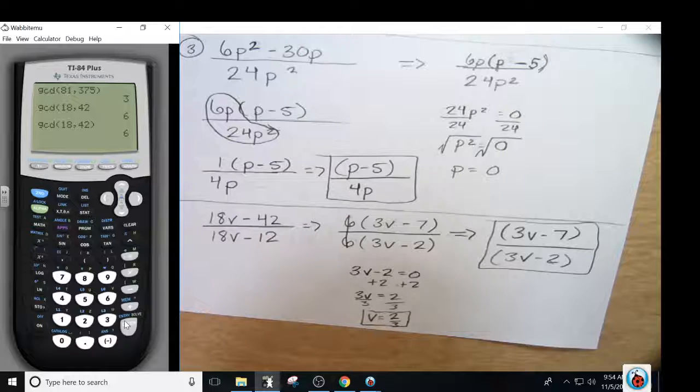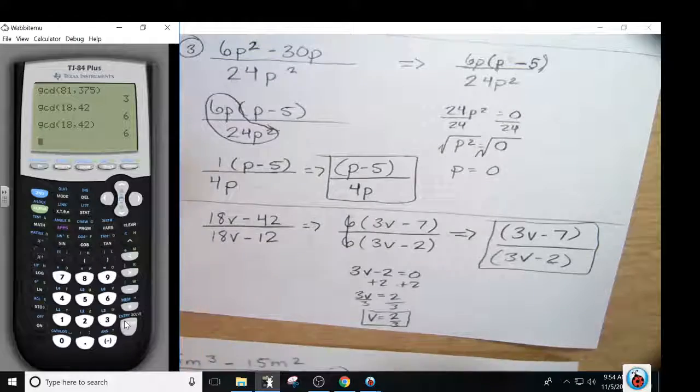It'll tell you when you do the test that you have to do both. Okay, now number 9.